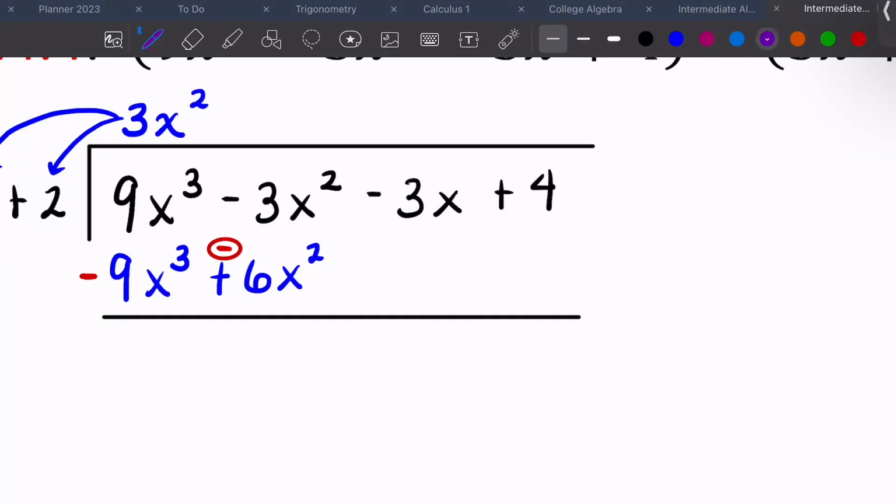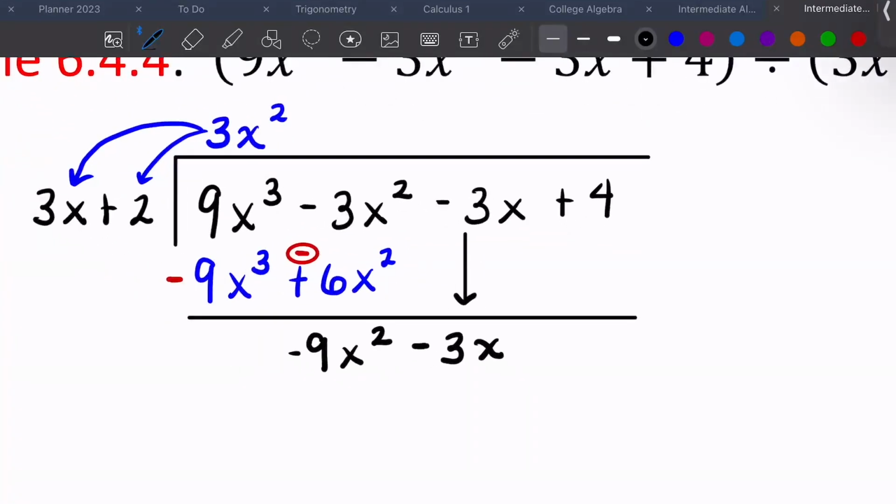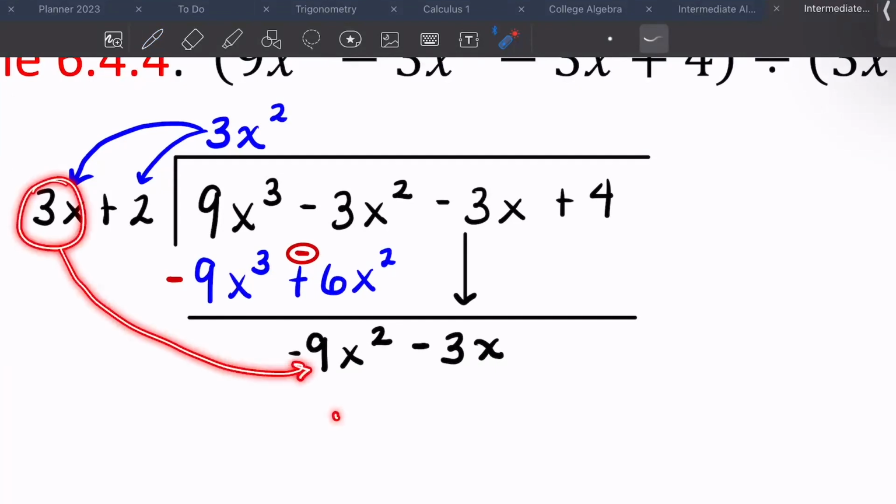Now we have -3 minus 6 is -9x squared. Then bring down your next term, just your next term. Don't bring down your 4 yet. You'll do one at a time. Okay. Now we're matching this with this.